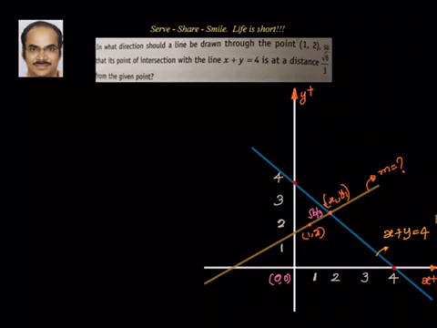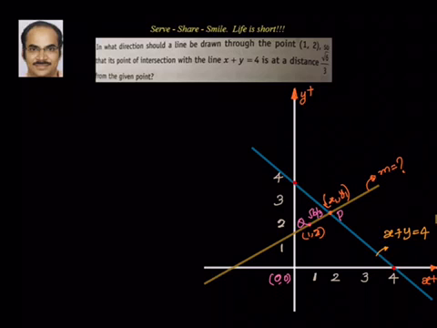That means if I say this point is P and this point is Q, we know that PQ equals root 6 by 3. So let me write that down clearly, one by one. Let point P (x1, y1) be the point of intersection of two lines: x + y = 4 and the line we want.